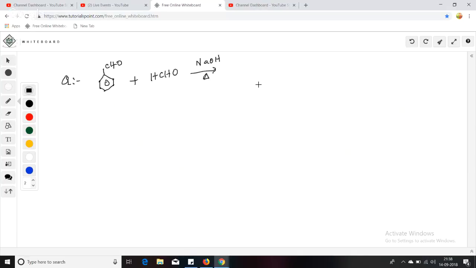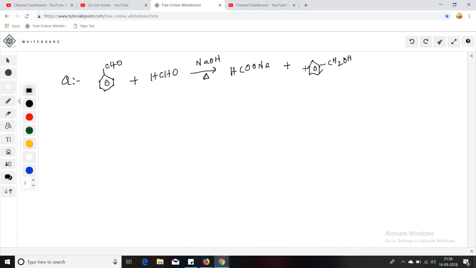When this reaction takes place, one will get oxidized and the other one will get reduced. HCOONa, plus CHO will get reduced and forms CH2OH. The reduction of CHO gives you CH2OH. So this is the product we get.